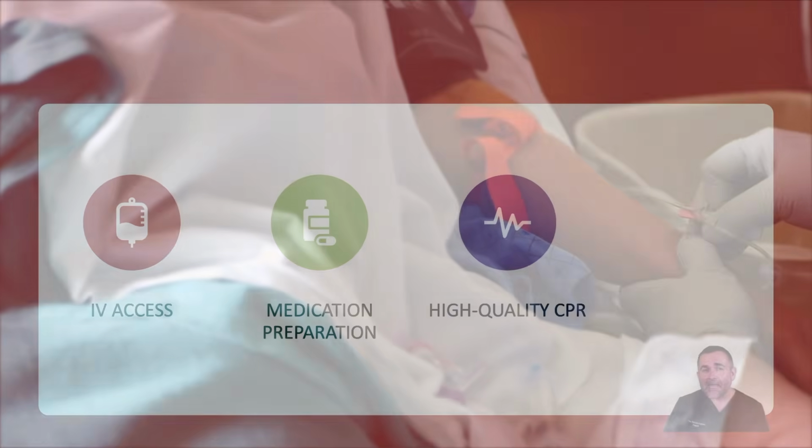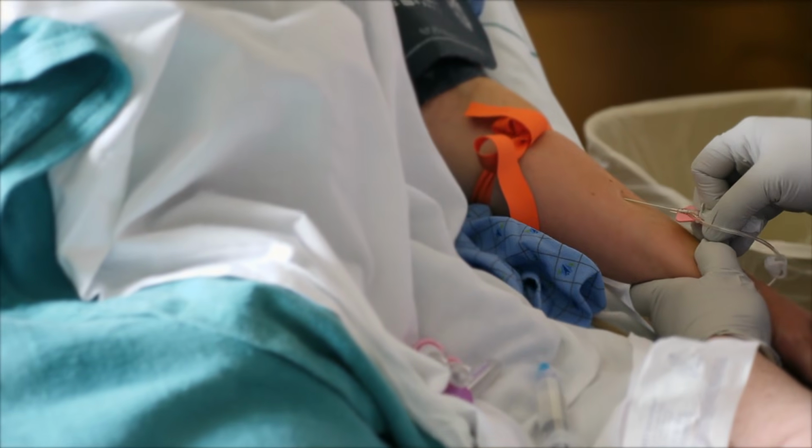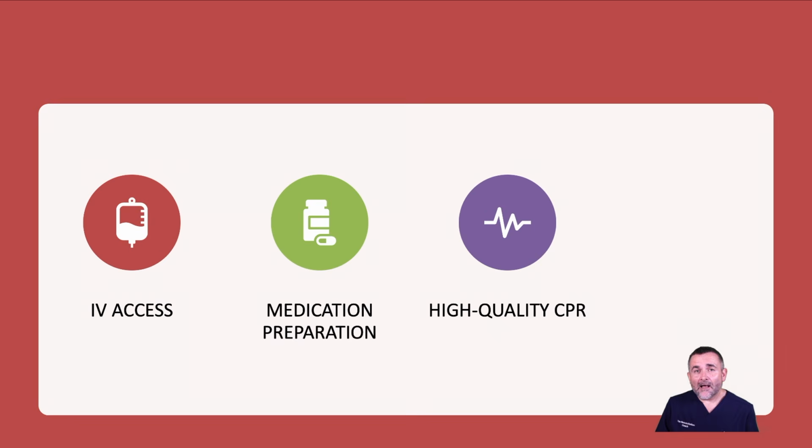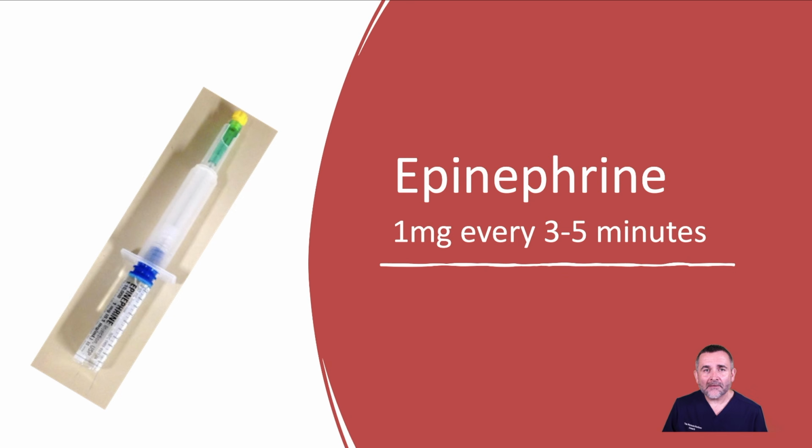Immediately obtain IV access or IO if IV is not possible, and prepare your first medication, which is epinephrine 1 mg. We can give epinephrine 1 mg IV push every 3 to 5 minutes.